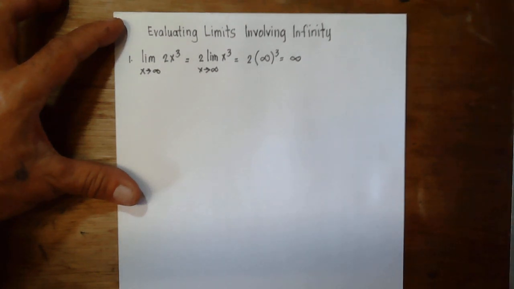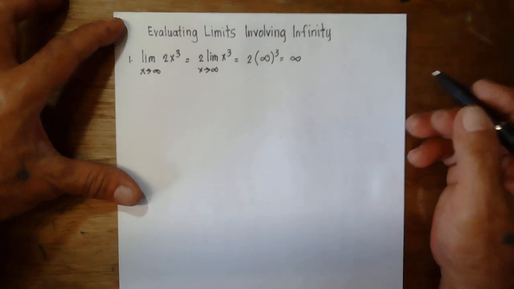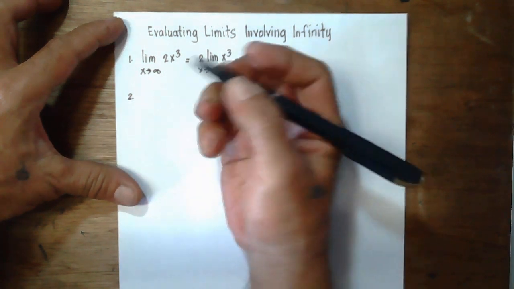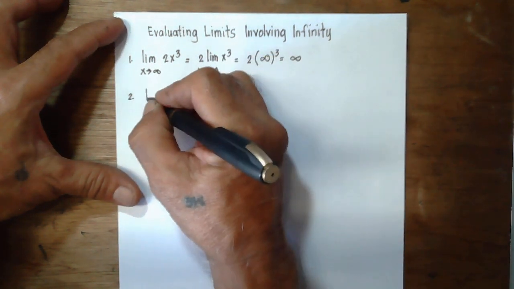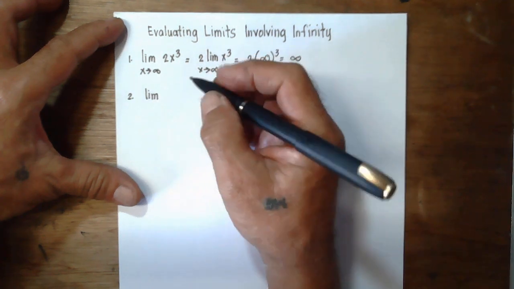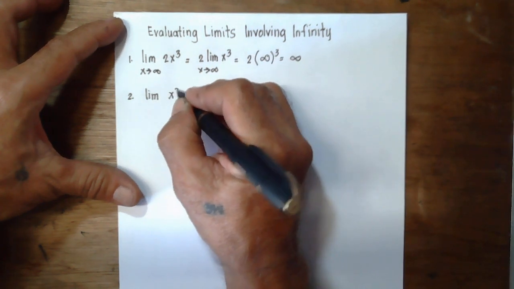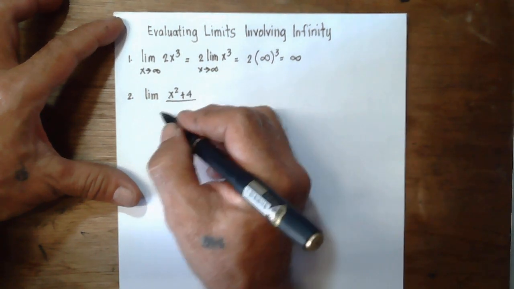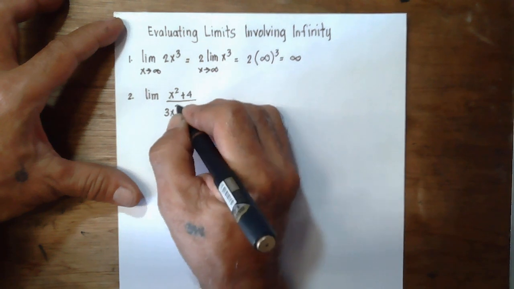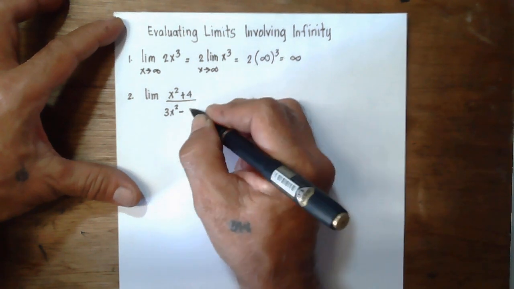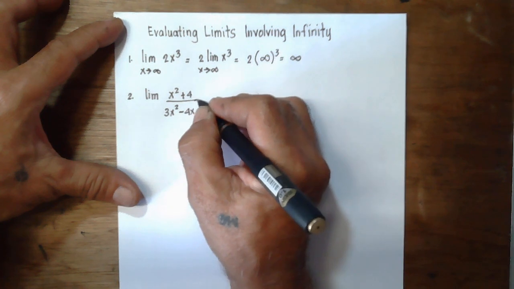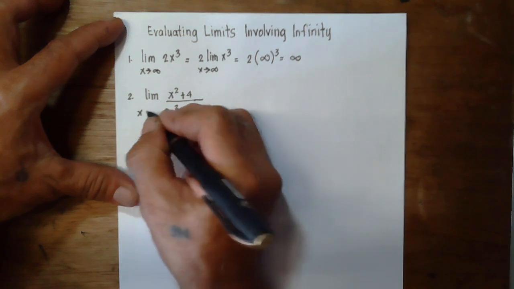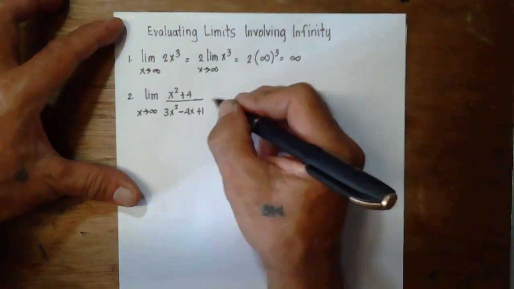So, here we have a more difficult example. Example number 2. The limit of x squared plus 4 over 3x squared minus 4x plus 1 as x approaches infinity.